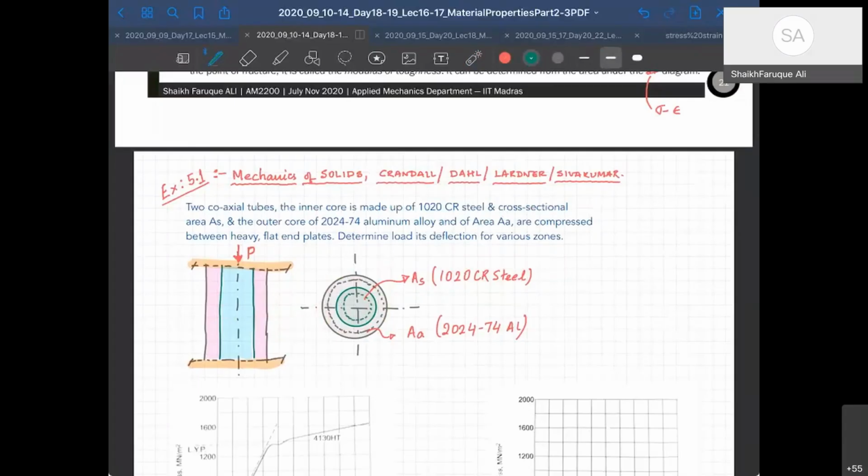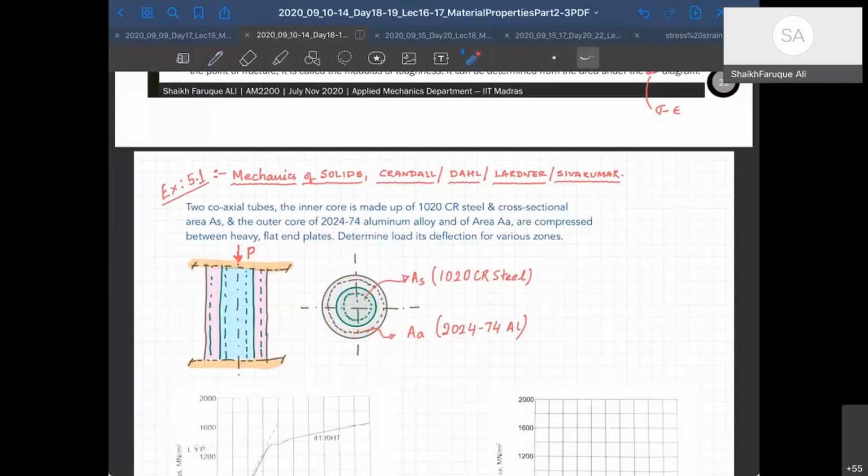Inside part nothing is there. I hope you have done engineering drawings. It will look like this. All right, so two tubes. The area of the first tube, the inner tube, is AS because it is made up of steel, and the outer tube is AA because it's made up of aluminum. The grade of the steel and the aluminum are given.